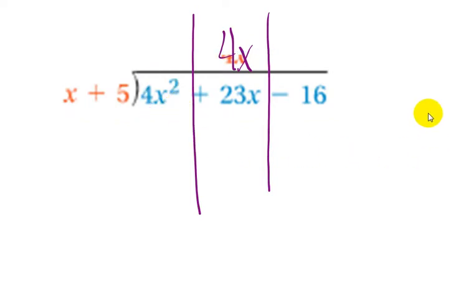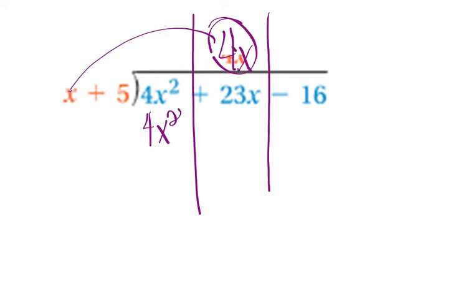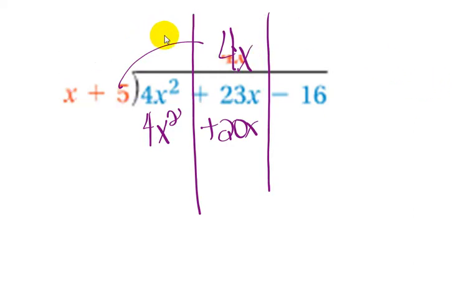Now, just like regular long division, we're going to multiply everything. 4x times x is 4x squared. And then 4x times 5 is 20x, so it's going to go in our x column, 20x, and it's positive. Everybody see that part? I'm going to keep this cleaned up as I go.